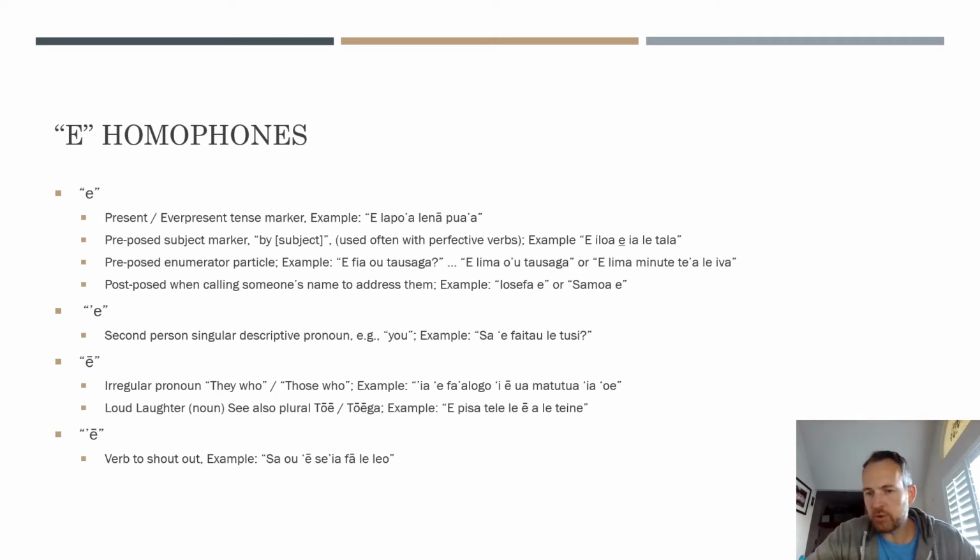O is a possessive pronoun, but instead of a second person possessive pronoun like yours, o is a first person possessive pronoun, so it means my. And then tausaga again just means years. So e fia o tausaga is a question: how many are your years? E lima o tausaga means I'm 5 years old, but it literally translates to there are 5 of my years, kind of.